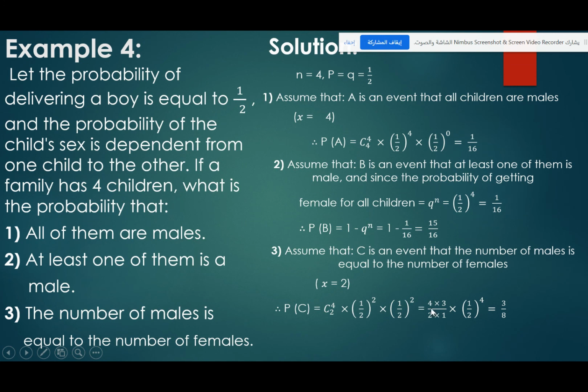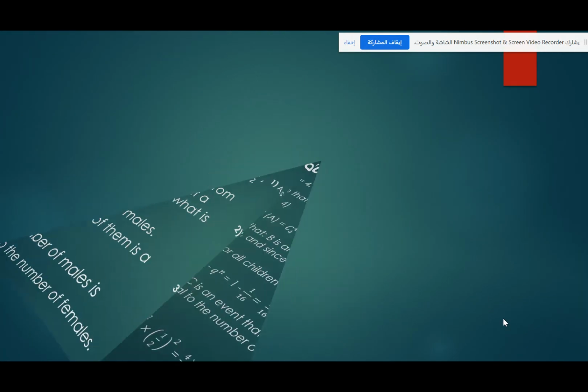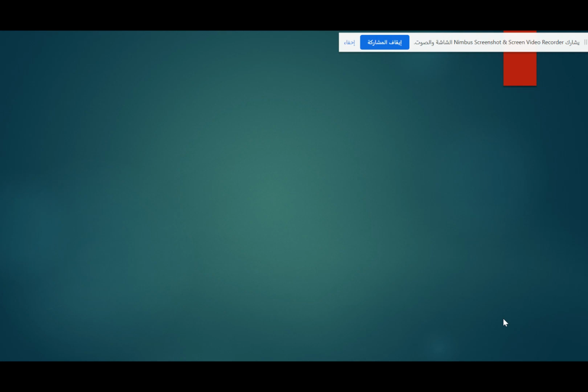So you're going to do it in that way: 4 times 3 over 2 times 1 times 1 over 2 to the power of 4, after adding the powers if you have the same basis. And after evaluating or canceling these, you will get 3 over 8. Remember to be sure that your answer should be smaller than 1.